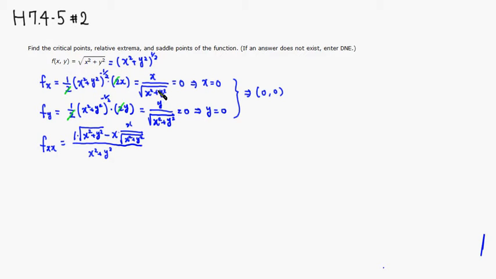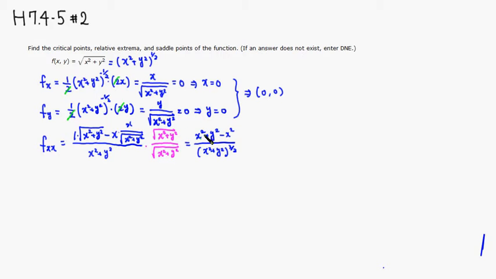Then we just need to simplify, and I don't like having a fraction inside a fraction, so I'm going to multiply top and bottom by the square root of x squared plus y squared. Then you end up getting x squared plus y squared, distribute that, minus x squared, over the quantity x squared plus y squared raised to the 3/2 power.